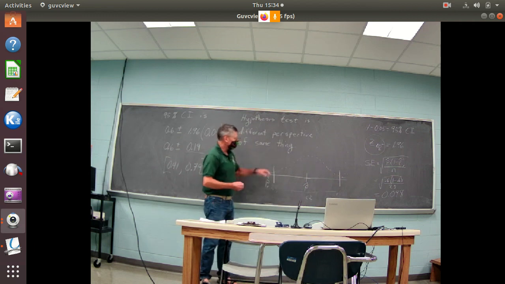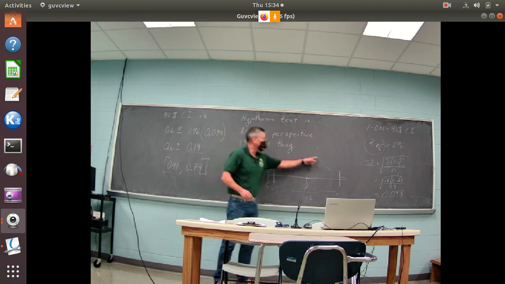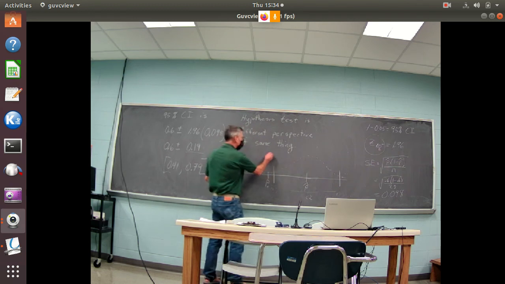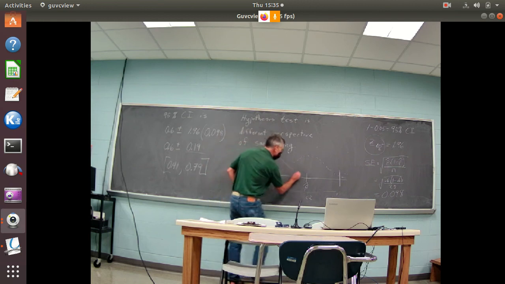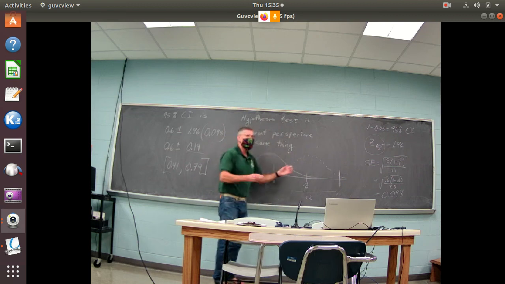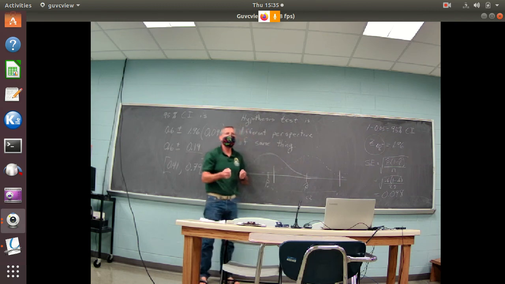So the hypothesis test, if it had exactly the same standard error, would take this same curve up here, the dotted line curve. Now I'm going to do it as a solid line this time. It would draw it this way, but it's the same curve. We've just picked it up off the chalkboard and set it down over there.